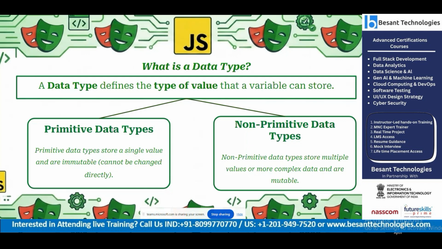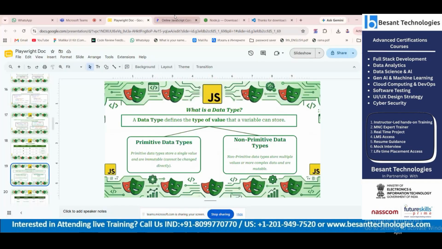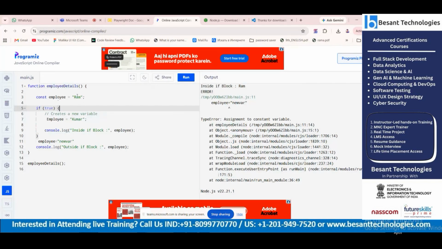For example, as I told you, we have fixed values of const. If I have var employee as RAM, and then I change this employee to an integer, the first one will be RAM, and then I changed the variable to an integer.